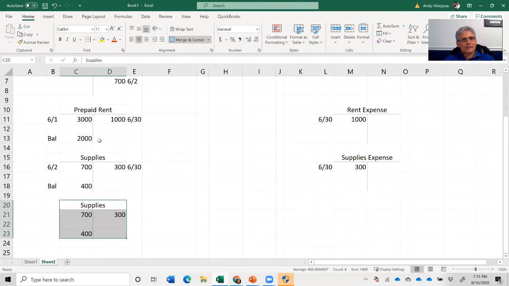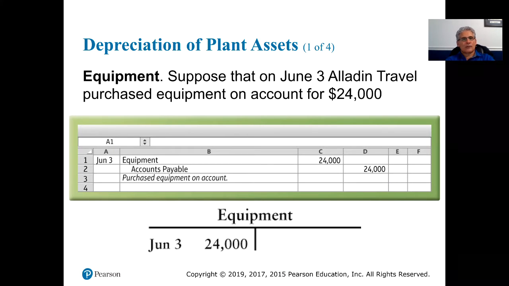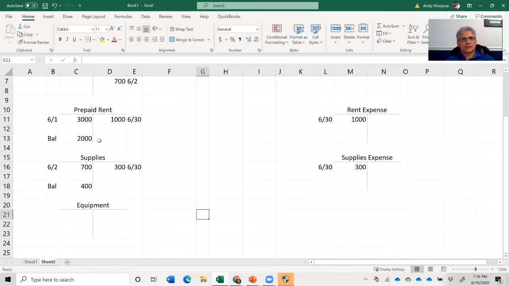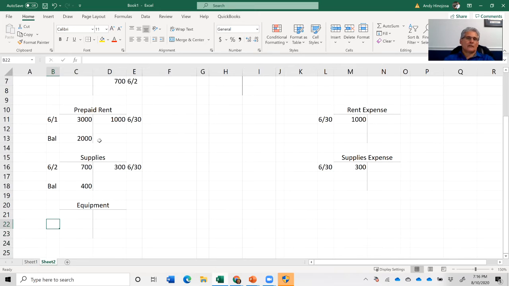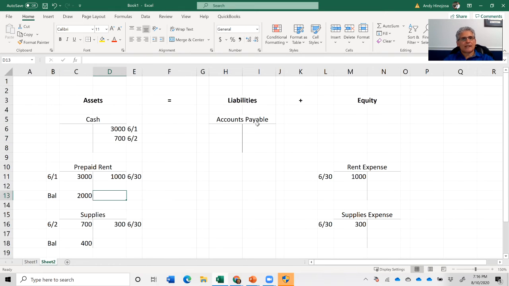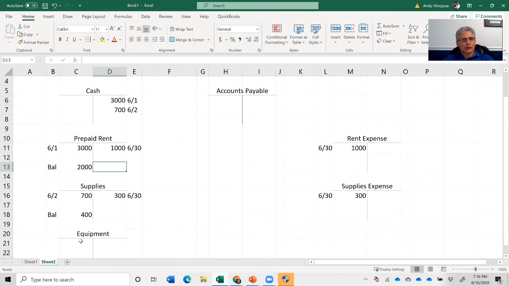We're going to create an account called equipment, and we're going to create an account called accounts payable. So keep it in line with the accounting equation. Assets, the purchase of equipment.